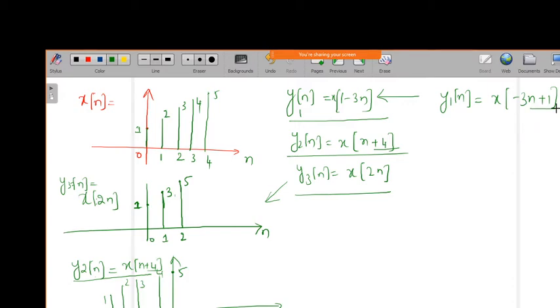So now how much shifting is happening, and scaling, and reflection, all three things are there. So now carefully do, first shift the signal by value 1 to the left.